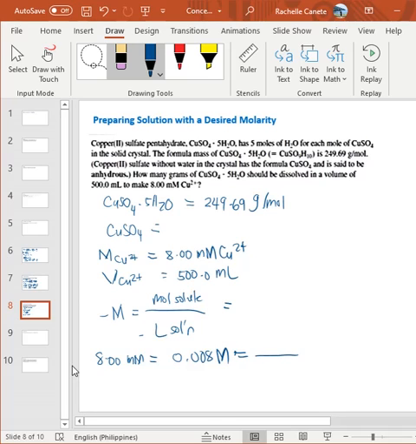This is equal to moles of solute per liter of solution, and we have 0.5 liter of solution. So the moles of solute you need is 0.008 times 0.5, that's 4 times 10 to the minus 3 mole of solute of copper 2 plus.